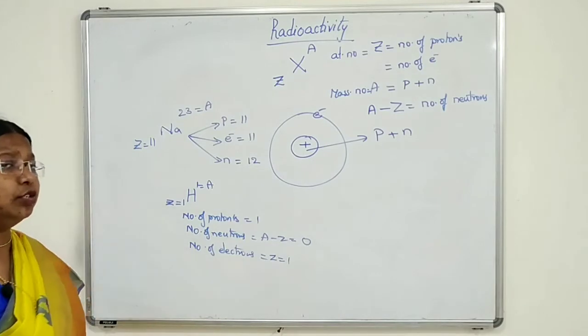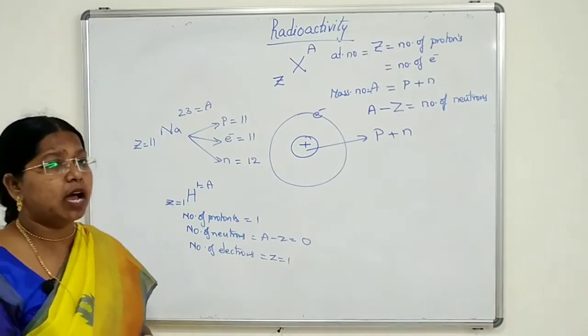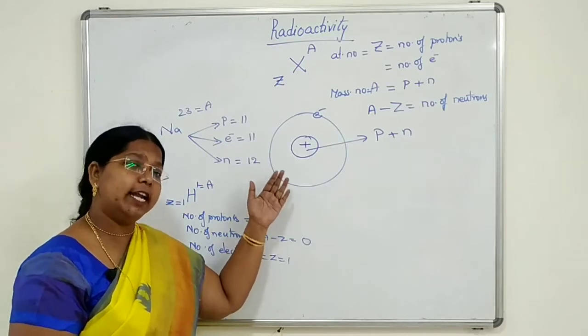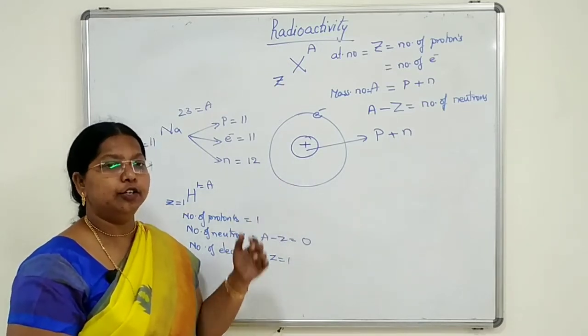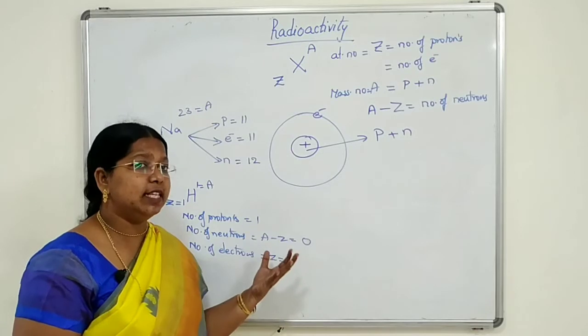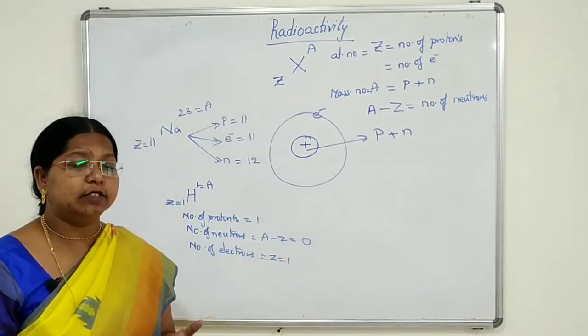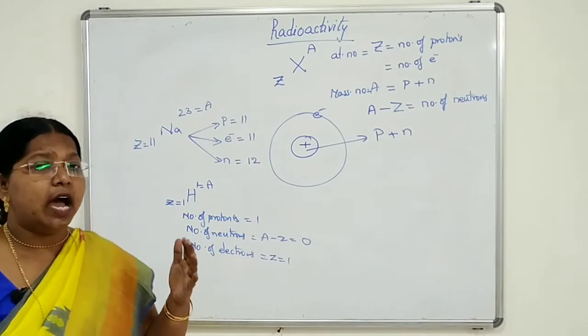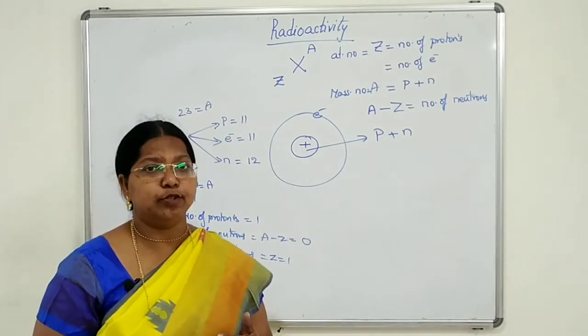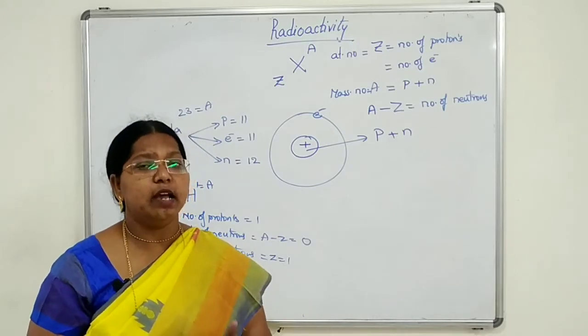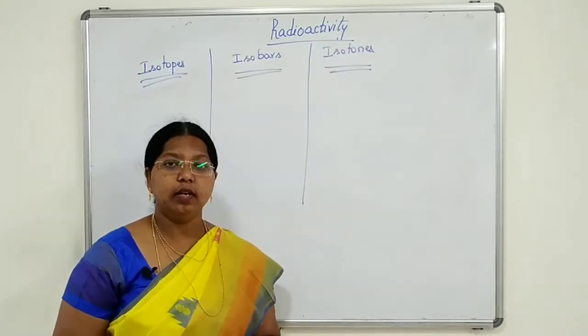So like this, using the atomic number and mass number, we can calculate the number of protons, neutrons and electrons present in the atom. Depending on atomic number and mass number, the elements are classified into isotopes, isobars and isotones. So now we'll see what isotopes, isobars and isotones are.